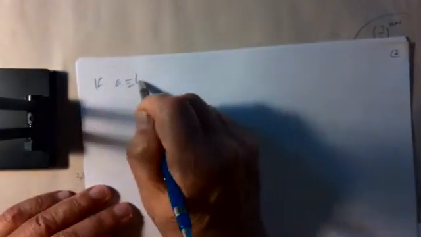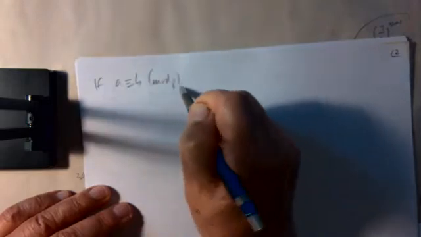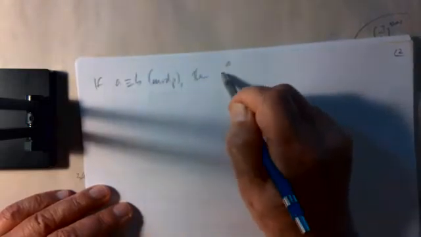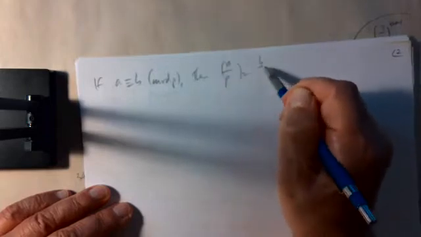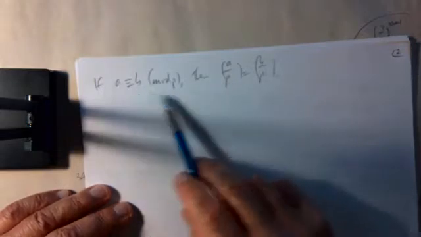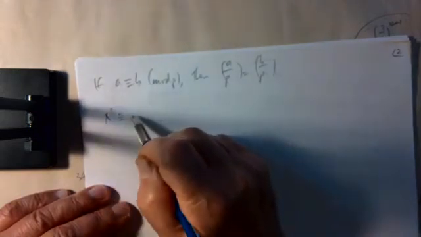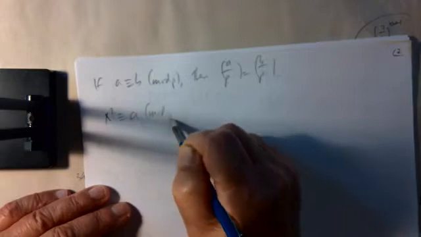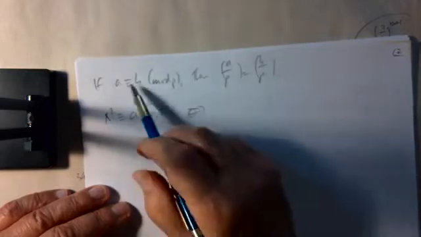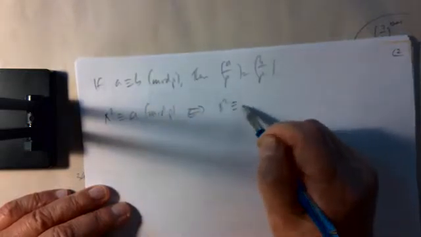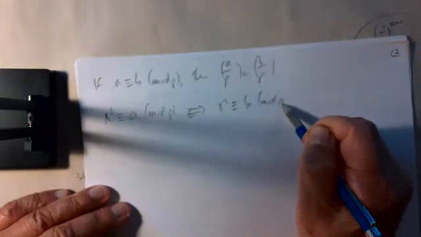We can also observe that if a is congruent to b mod p, then a over p equals b over p. So the Legendre symbol only depends on the congruence class of the numerator, because x squared is congruent to a mod p if and only if x squared is congruent to b mod p.